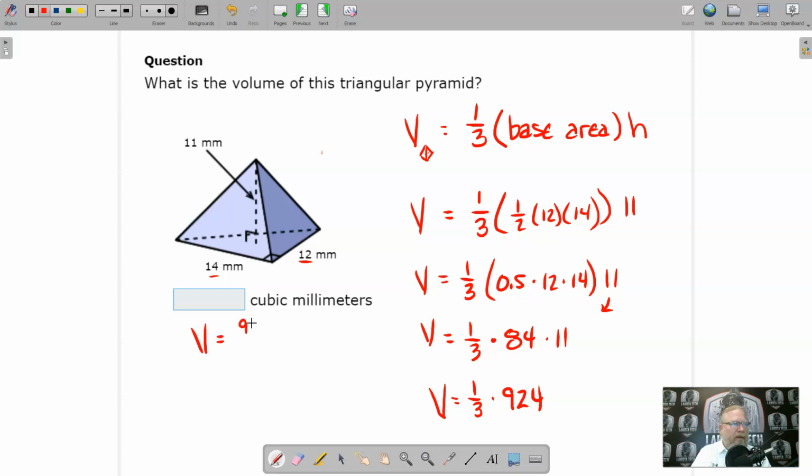I would end up with 924 over 3, because 924 times 1 is 924, which means I'm going to divide, because every fraction is a division problem. So 924 divided by 3 is going to give me 308. So my volume will be 308 cubic millimeters. Again, key thing to remember about pyramids, it is 1/3 times the base area times the height.